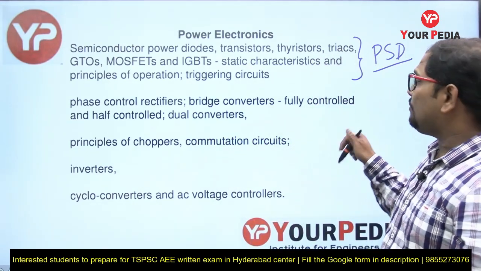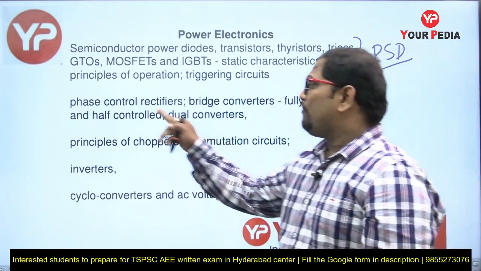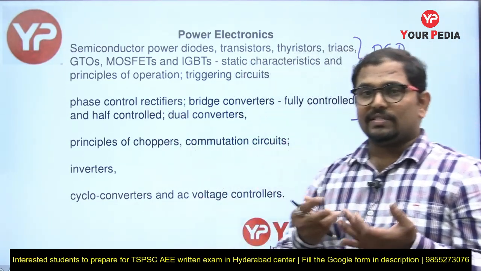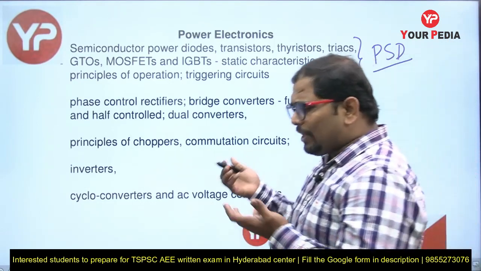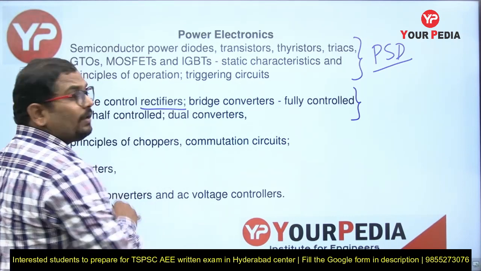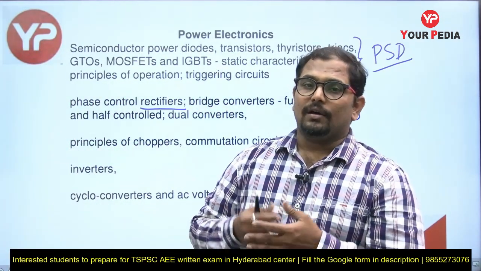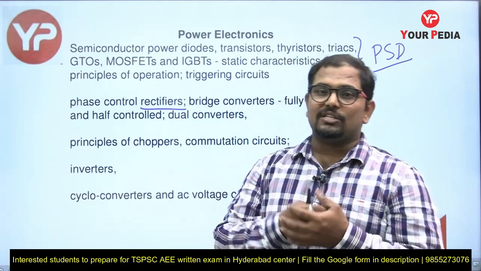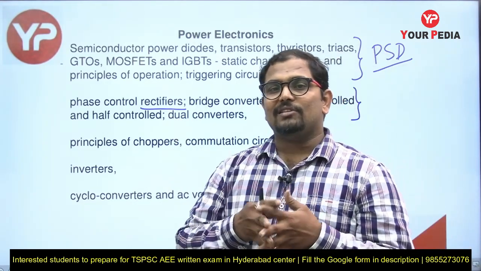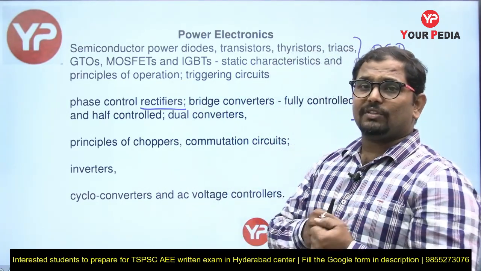The second module in power electronics is phase control rectifiers. Most students might have heard the name rectifier. If a student hears this word, immediately they will think of the diode rectifier. But there are some drawbacks with the diode rectifier.